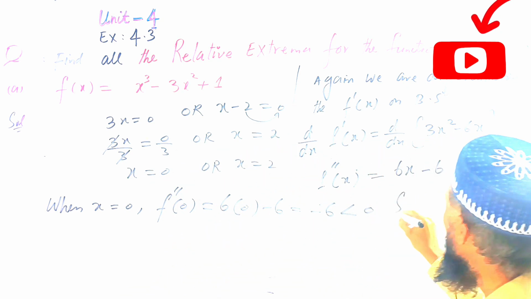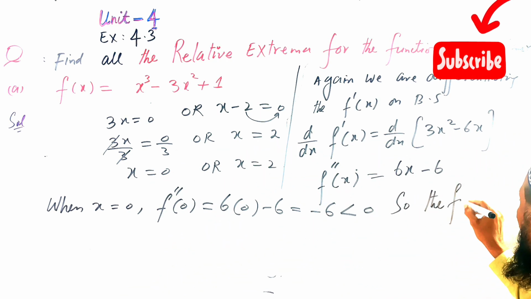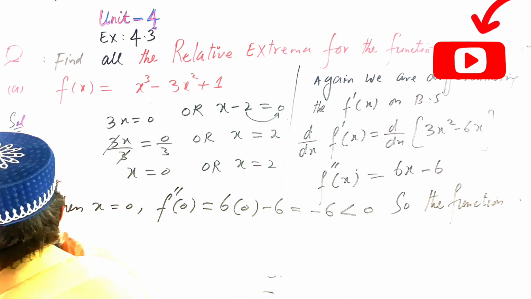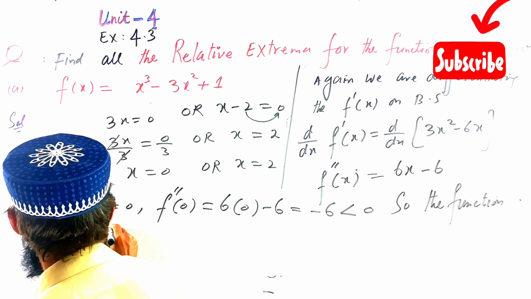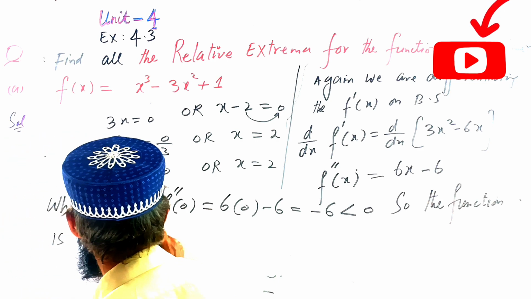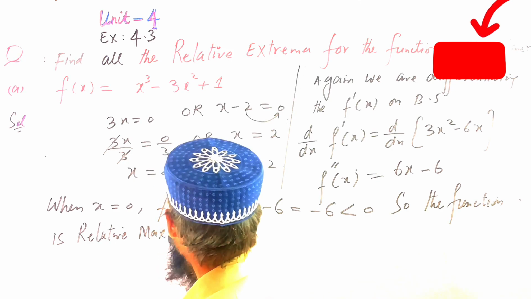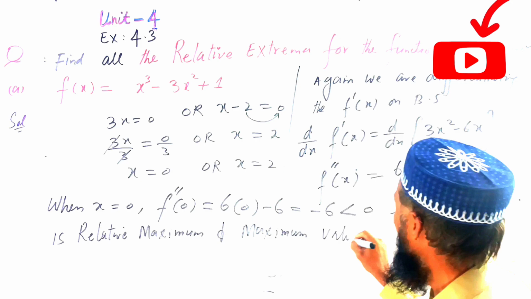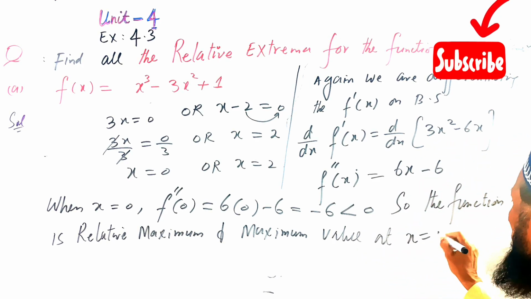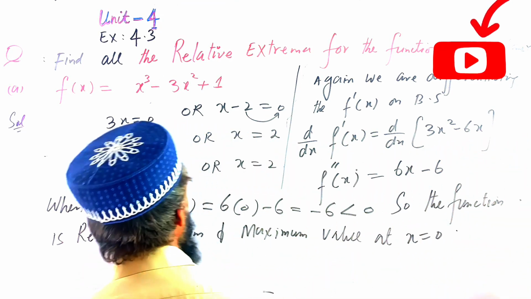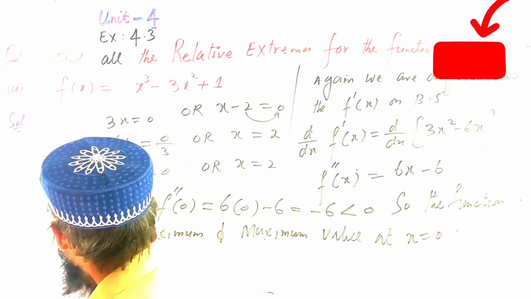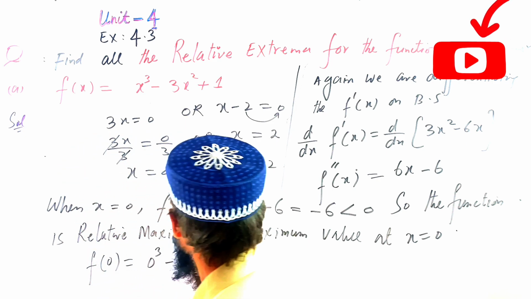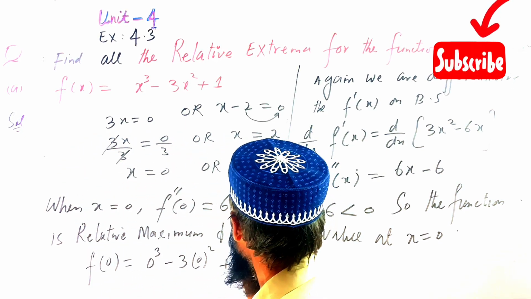So the function has a relative maximum, and the maximum value at x is equal to 0 we find by putting it in the original function. f of 0 is 0 cube minus 3 into 0 square plus 1.